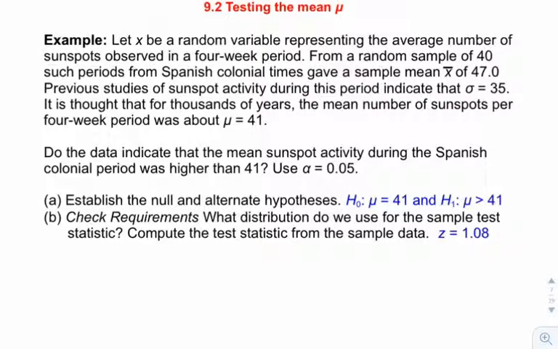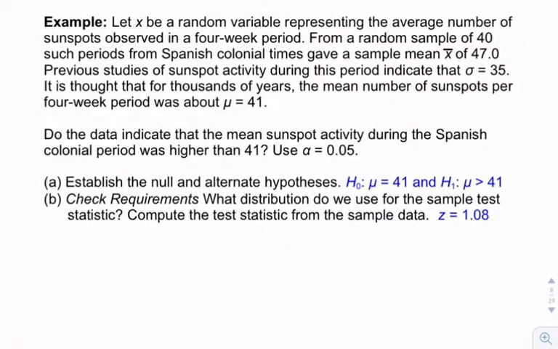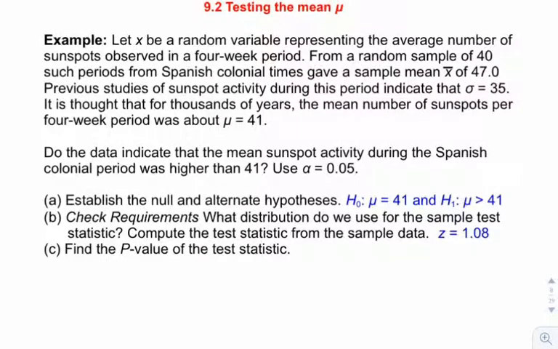So now what are we going to be doing to figure out our p-value? To find the p-value of the test statistic, we're looking back at our alternate hypothesis. Our alternate hypothesis says that mu is greater than 41. If we have just greater or just less than, we're going to use a one-tailed test.